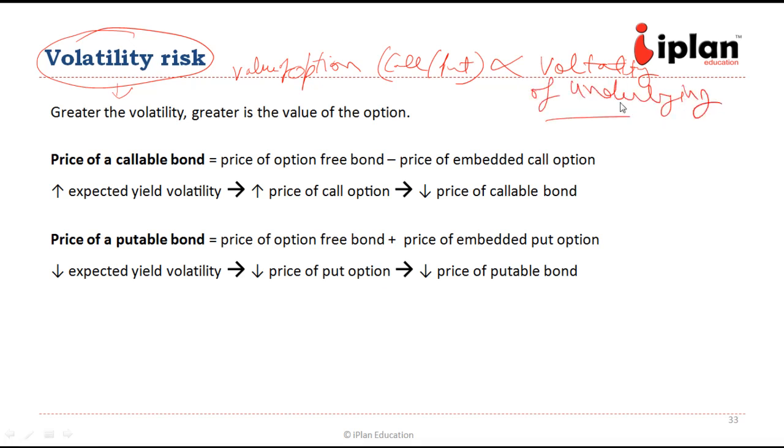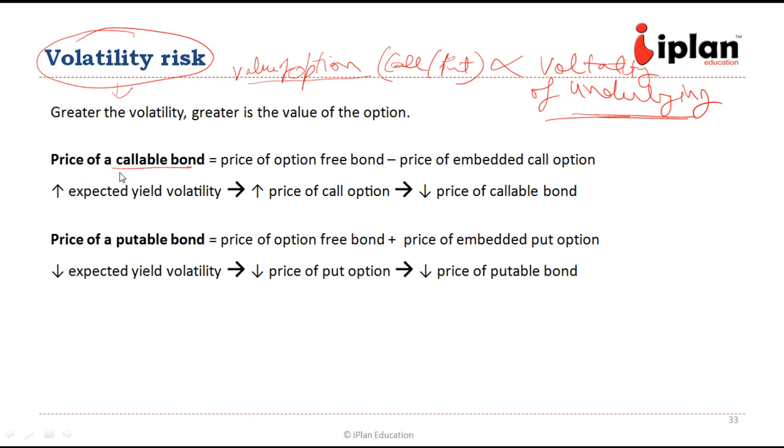So higher is the volatility of the price of underlying, or we can say higher is the uncertainty in the value of underlying, the higher is the value of your option. It could be call option, it could be put option. If there is no change in the value, there is no volatility, then there is no value of call or put option. But if it is highly volatile, then value of option will be higher.